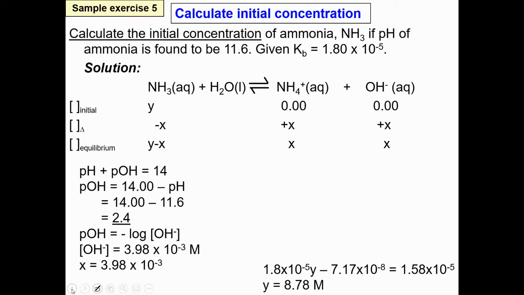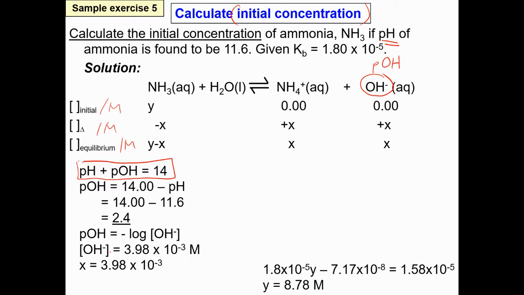Now next one. Calculate this time is initial concentration. Same thing, build the ice table. So we are given pH, but remember this one will be pOH, not pH. So we use pH plus pOH equals 14.